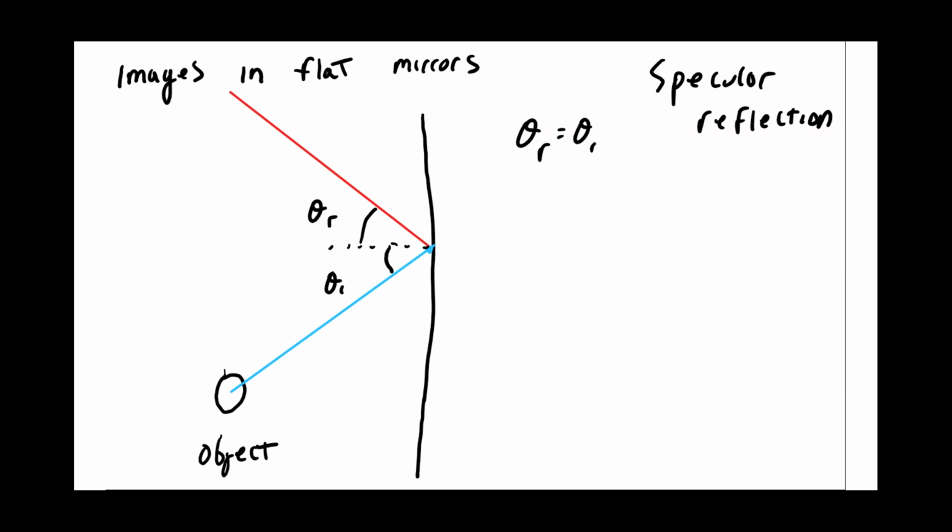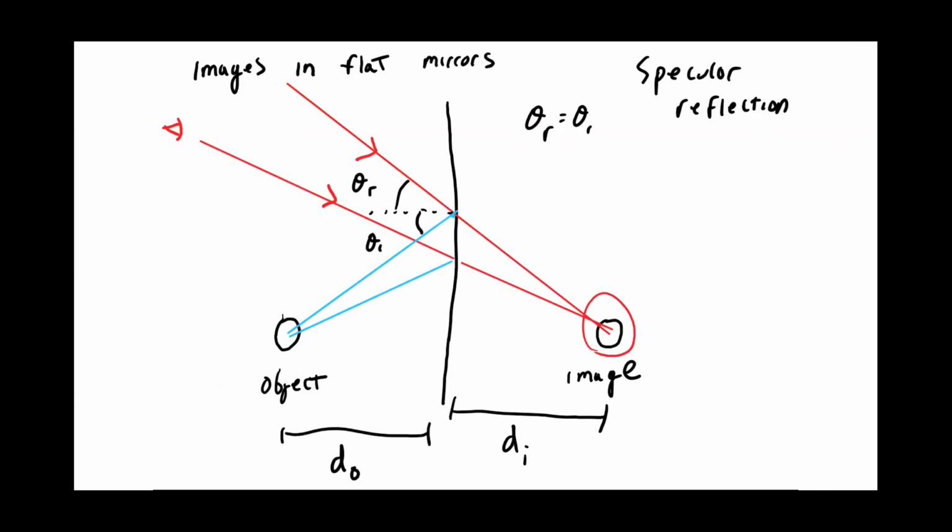But we were just talking about the idea that light coming off of an object would come off radially outward from that object in all directions. So if I want to keep track of what light is doing to make an image in a flat mirror, I'm going to want to draw multiple rays. If I draw a couple of rays, they reflect off the mirror and then arrive at my eye.